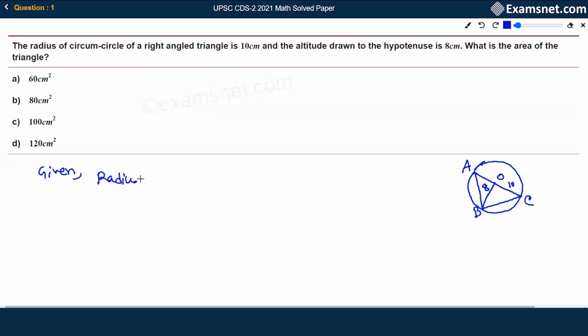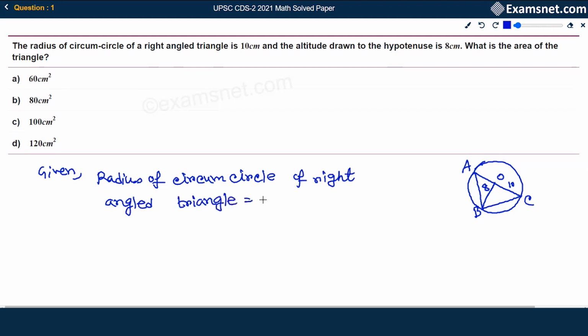So here given that the radius of the circumcircle of the right angle triangle is 10 centimeter, right?